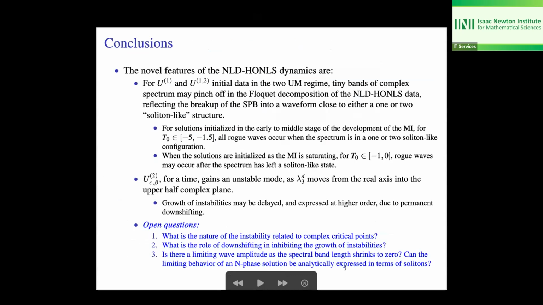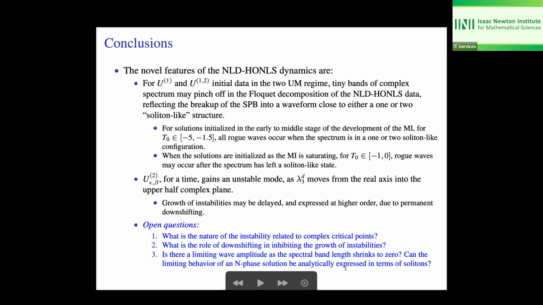And so finally, the conclusions are that the novel features of the nonlinear damped dynamics are that for U1 and U12 initial data in the 2 unstable mode regime, tiny bands of complex spectrum pinch off in the Floquet decomposition of the damped data, and it reflects the breakup of the SPB into a waveform close to a 1 or 2 soliton-like structure.